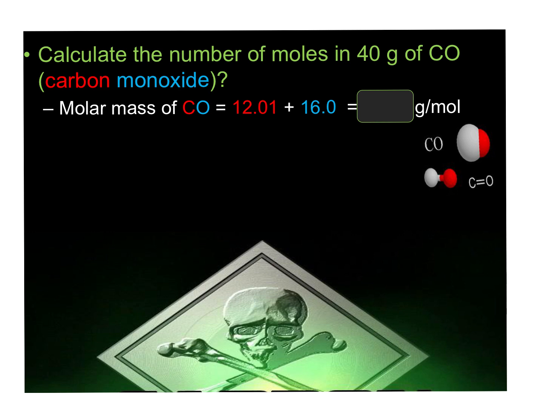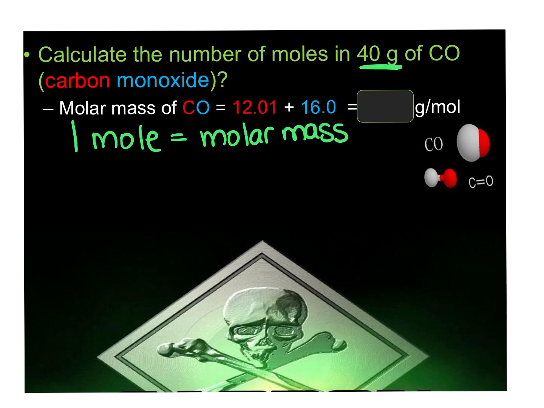So here's another practice problem for us. We need to calculate the number of moles from 40 grams of carbon monoxide. So we know that 1 mole is equal to the molar mass of the material. So since we are given grams and we want to find moles, this is the relationship that we're going to be using. So the first thing that we have to do is calculate the molar mass of carbon monoxide.